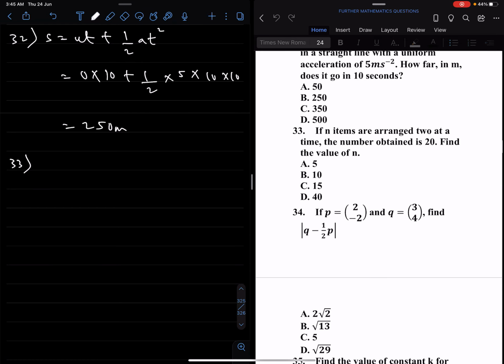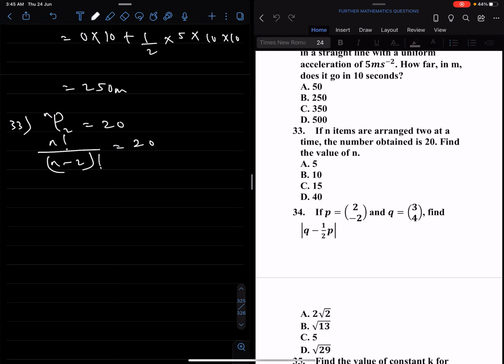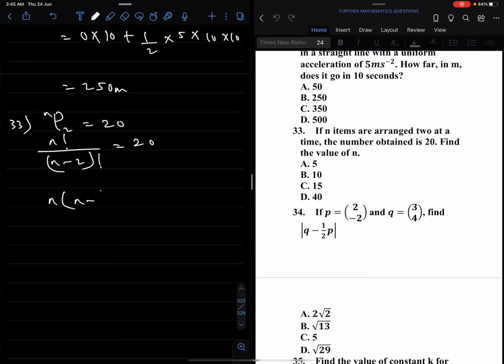If n terms are arranged 2 at a time, the number obtained is 20. Find the value of n. That's simply the permutation of n objects taking 2 at a time, which is 20, and that's n factorial over n minus 2 factorial equals 20, which means n times n minus 1 times n minus 2 factorial over n minus 2 factorial equals 20.